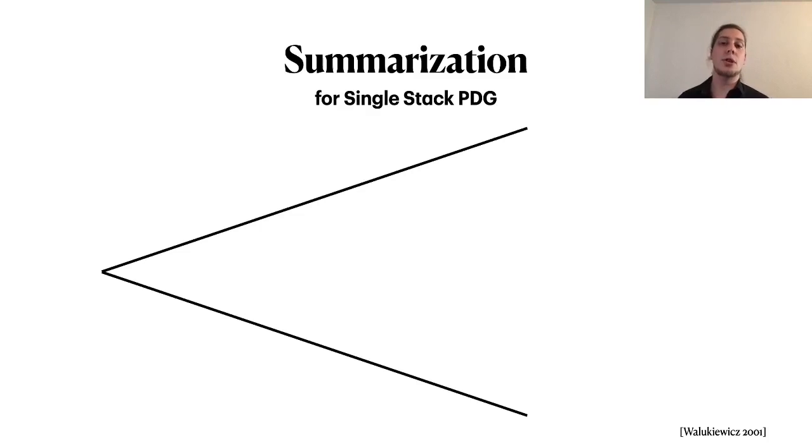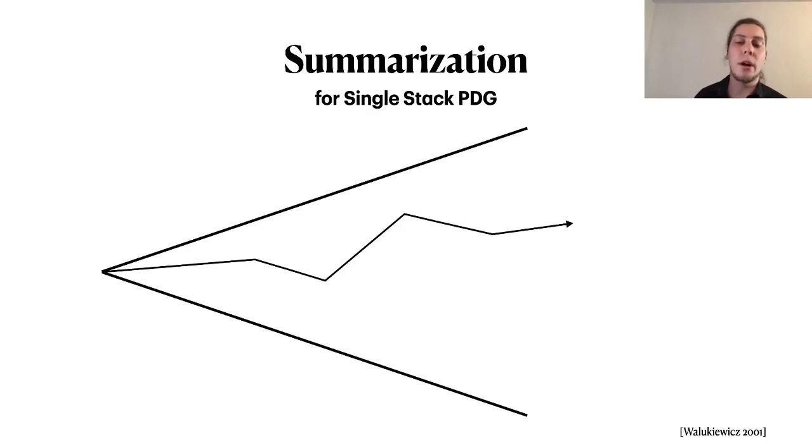Let's start with a strategy for Eve in a single stack pushdown game. It is a tree, of course, and every branch in the tree is a play that conforms to the strategy. Let's look at a certain push-pop pair in this fixed play, where push-pop pair means the pushed symbol is popped by the corresponding pop later. Okay, the idea of summarization is to look at this sequence and understand the effect of the sequence, one, on the configuration, and secondly, on the winning condition of the game.